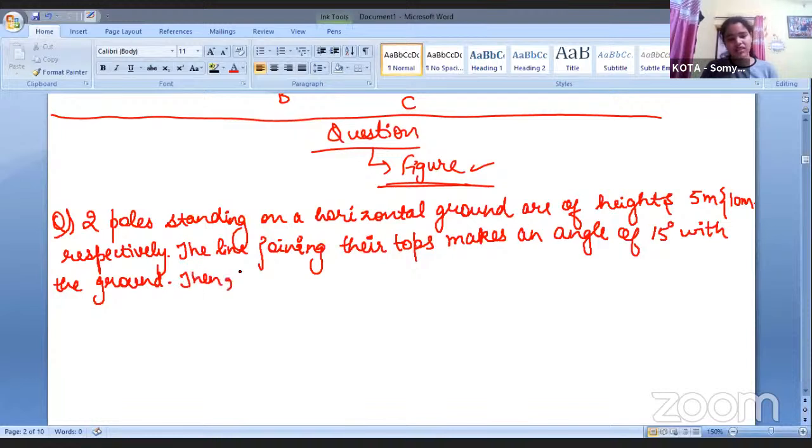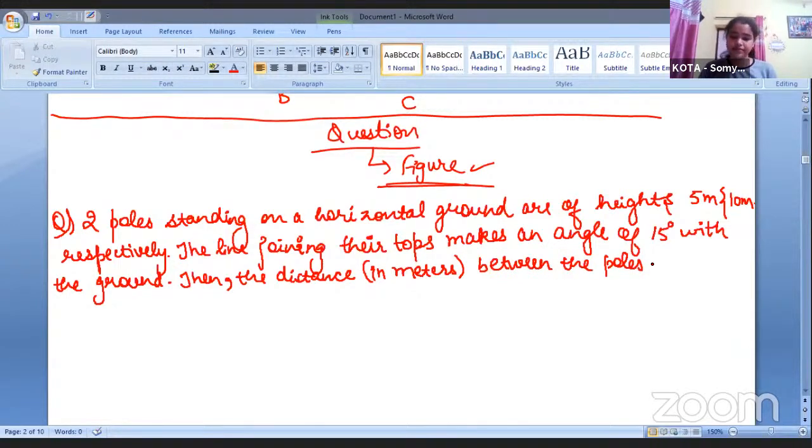Then the distance in meter between the poles is what?